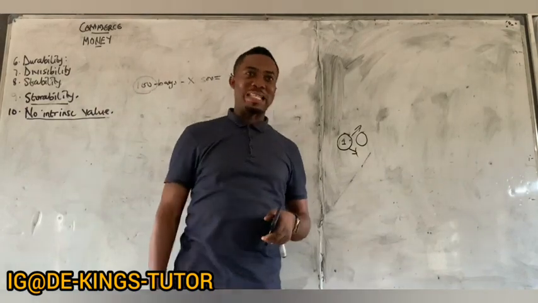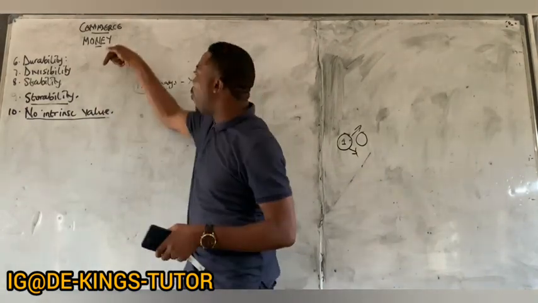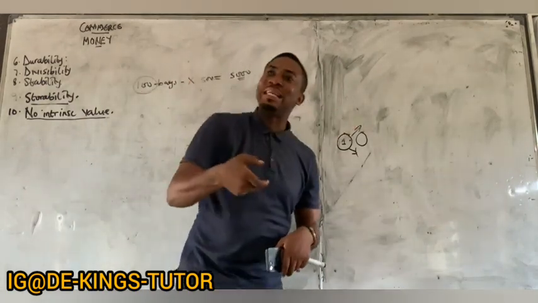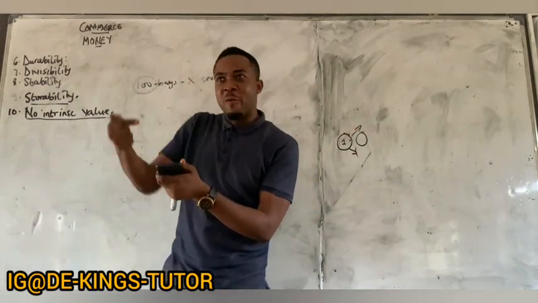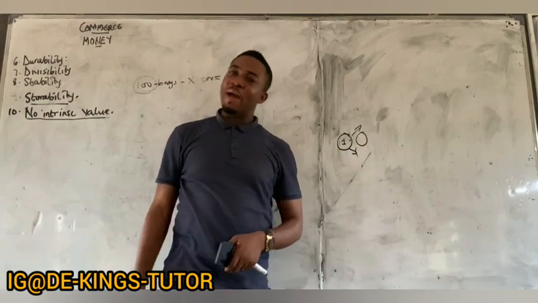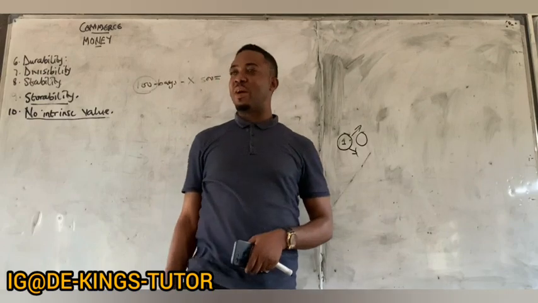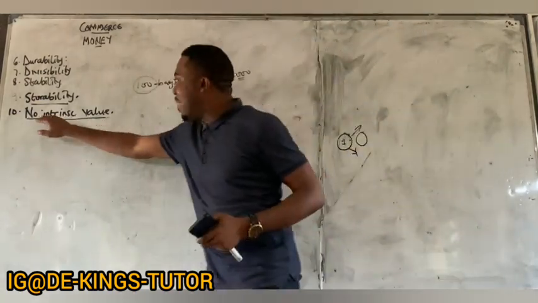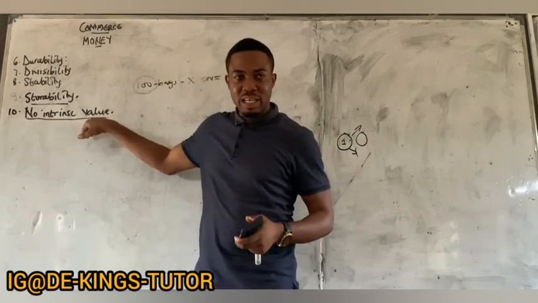So by then you are destroying the quality of money. It means people will be demanding it not for exchange, but for the value in it. By then you have spoiled something in the economy. So you understand what we mean by no intrinsic value, right? Okay.